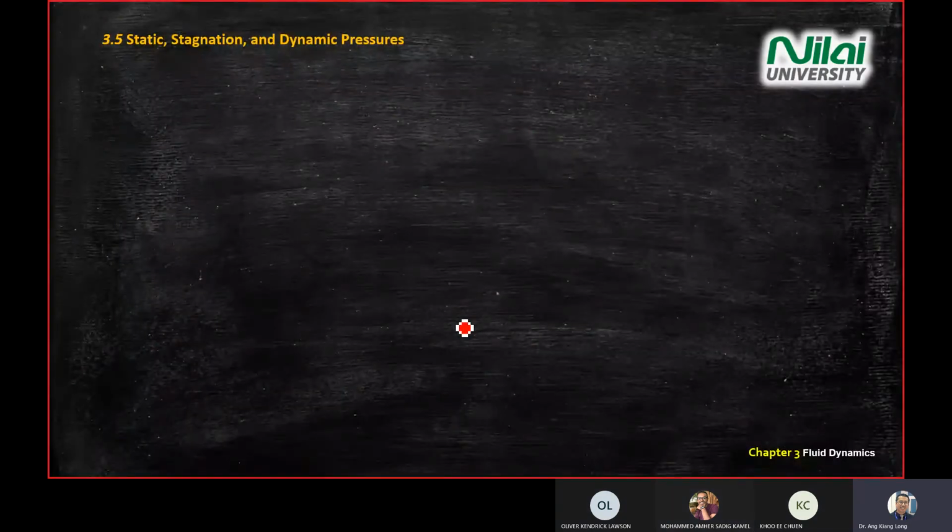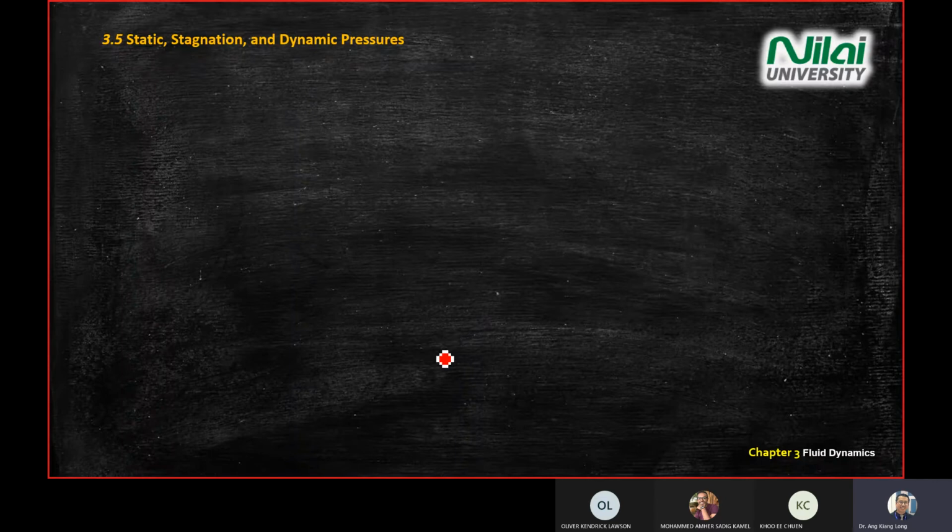The next slide, we have to go into what is static pressure, what is stagnation pressure, and what is dynamic pressure. There are 3 types of pressure, and these 3 types of pressure are important for your lab report and also when you do higher calculations later on.